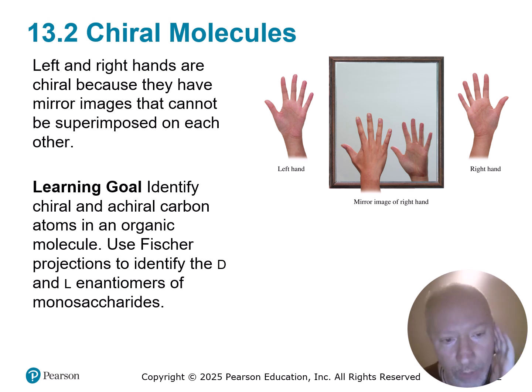Although we just started talking about sugars, we can also apply chirality to sugars, and we're going to learn that we can use what are called Fischer projections to identify whether we have a D or an L enantiomer of a monosaccharide. We looked at glucose and fructose in our previous video. D is the common sugar, and it's typically displayed on the right-hand side when it's a linear molecule.